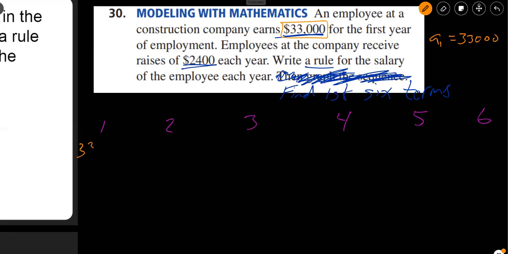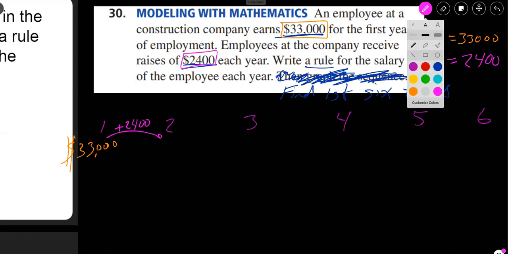So I'm going to put that at position 1. They're making $33,000 a year. Every year after that, they're going to gain a raise of $2,400. That just means that my difference value is $2,400. So every year, as I move from position 1 to position 2, they add $2,400.